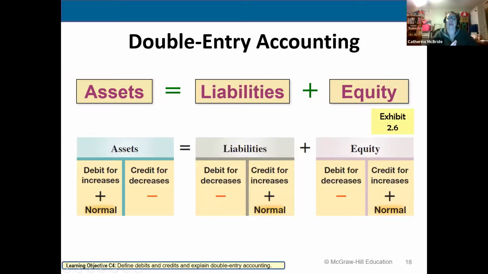So this is the accounting equation. Looking at it at a macro level, we have assets, liabilities, and equity, and you can see that assets are increased with the debit and decreased with the credit. No matter how long you look at that and try to figure out some logical reason why it works this way, you're not going to find it. All you can do is look at it as you're doing it, and you will learn it as you keep going.